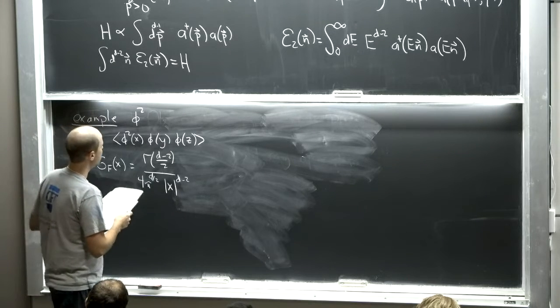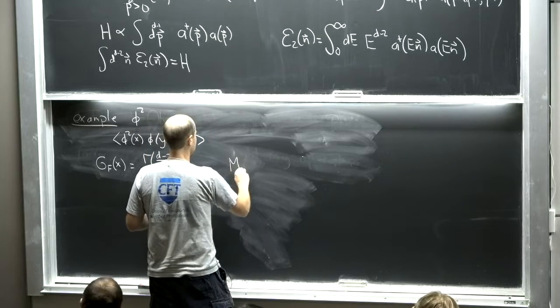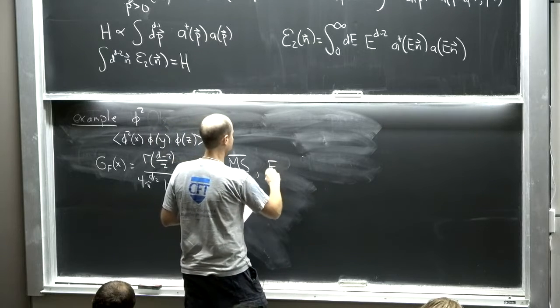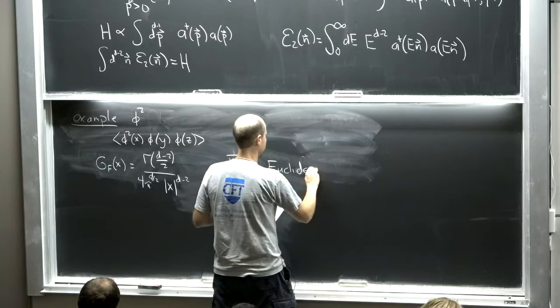And we're going to work in the MS bar renormalization scheme. In MS bar, we're also going to work in Euclidean signature for now, for this calculation, although we're going to do a lot of stuff in Lorentzian signature later.